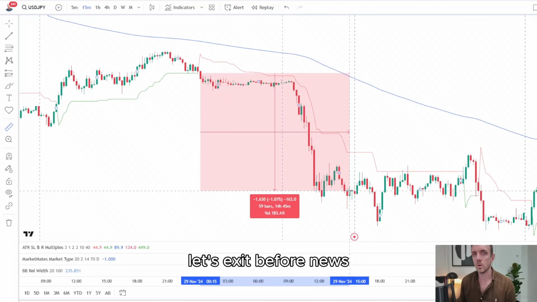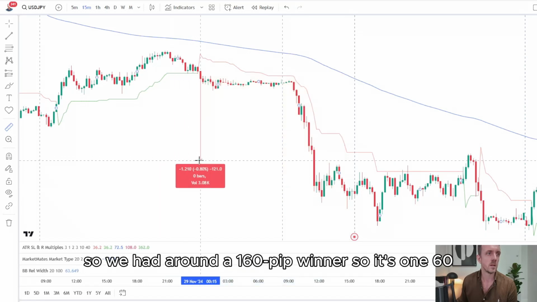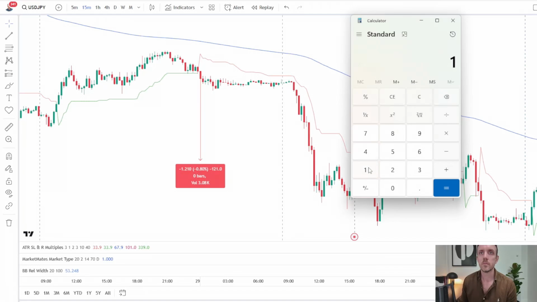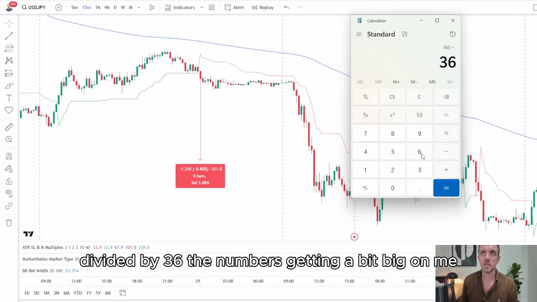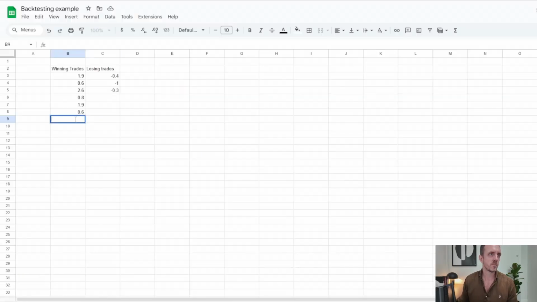Let's exit before news. So we had around a 160 pip winner. So that's 160 divided by 36. The number's getting a bit big on me. So we had a 4.4R winner.